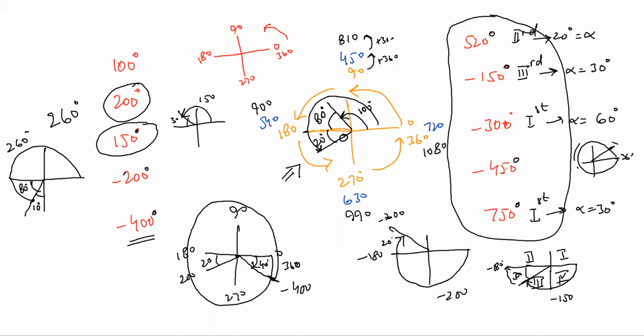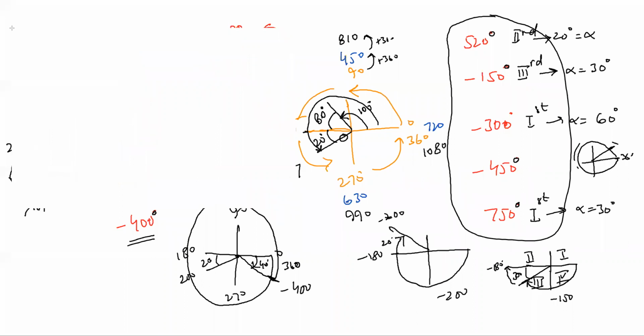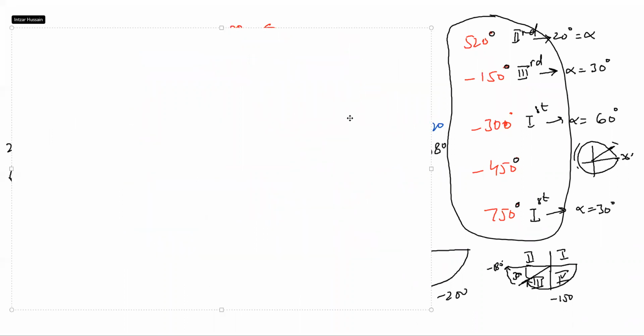Okay, now I was just telling you that we need the basic angle and the general angle to know the exact location of a point when it is rotating about a certain point on the axis. There are situations when these angles, these points, lie exactly on the coordinate axis.